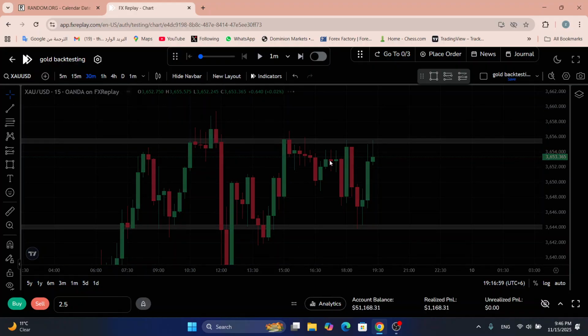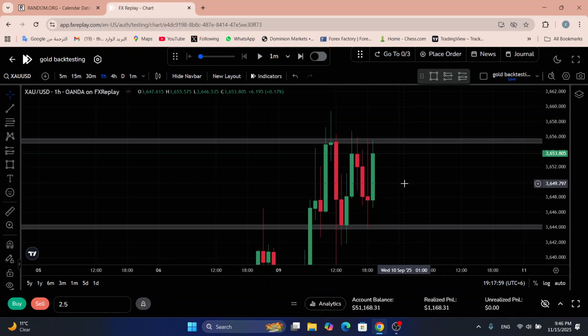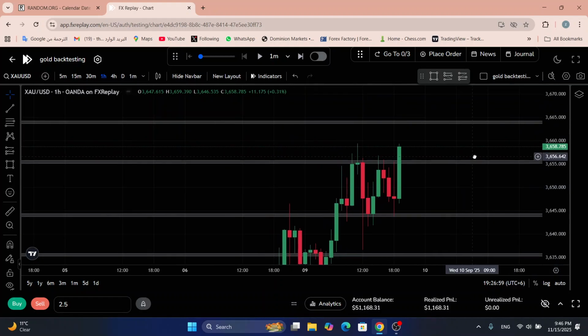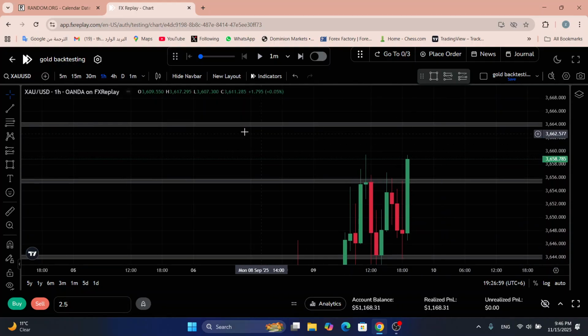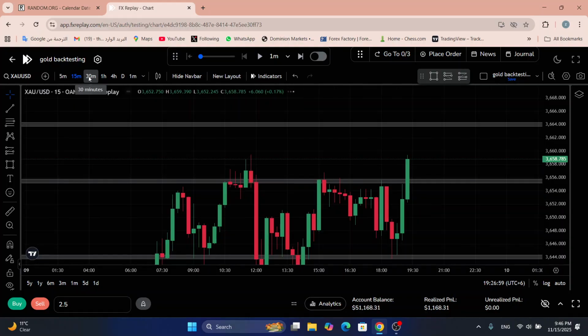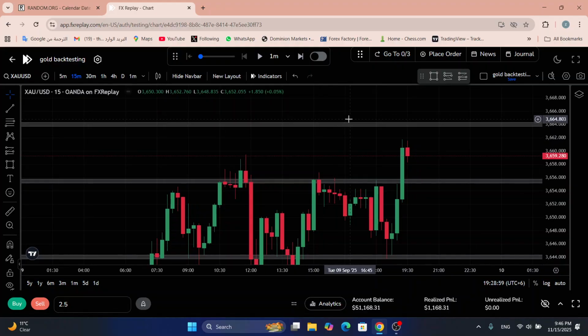Okay, 15 minutes closed nicely. Let's check the other time frames. On the 1 hour, it looks like it's going to break now. So actually I believe if it breaks this all-time high, it will not give us, oh, it's a little bit lagging on the 30 minutes. So if it breaks, it will just keep moving up.